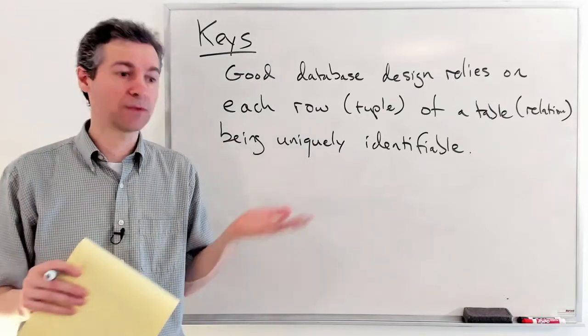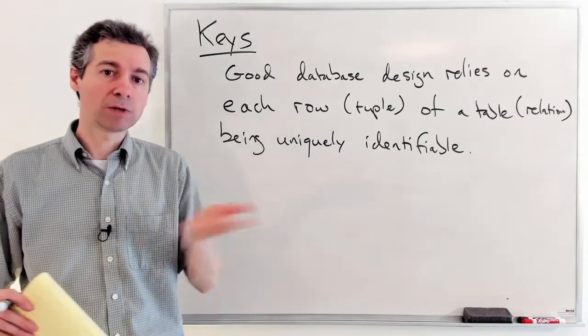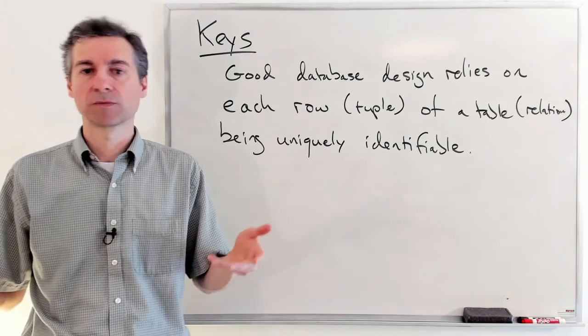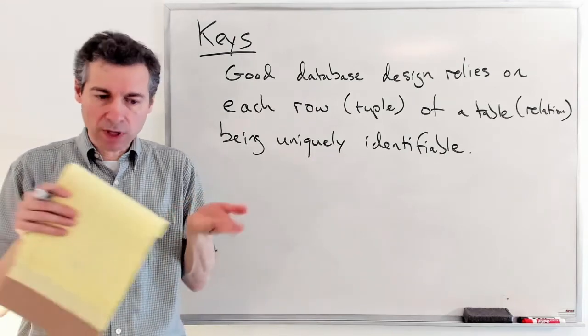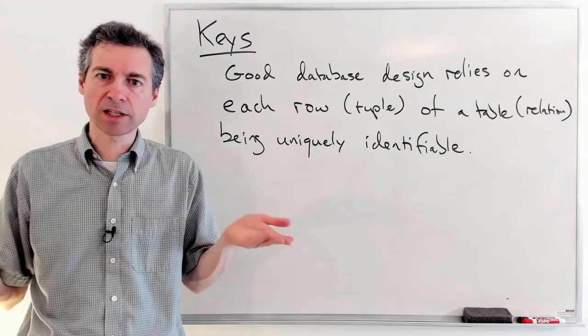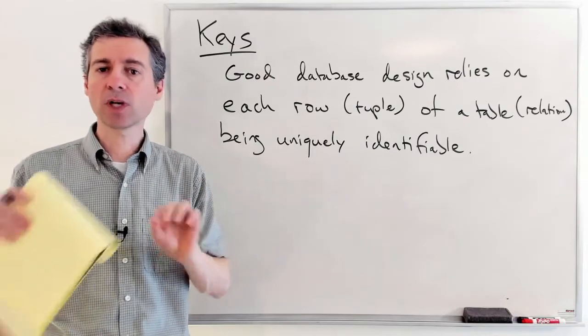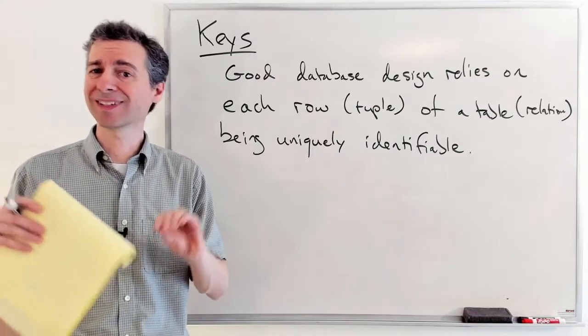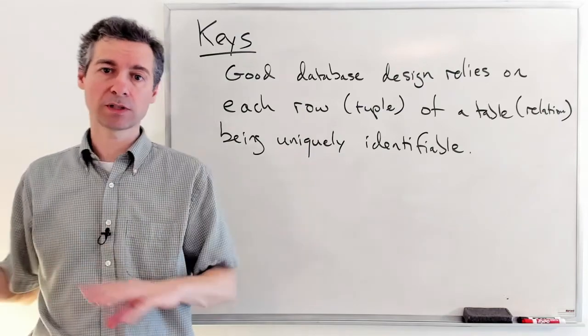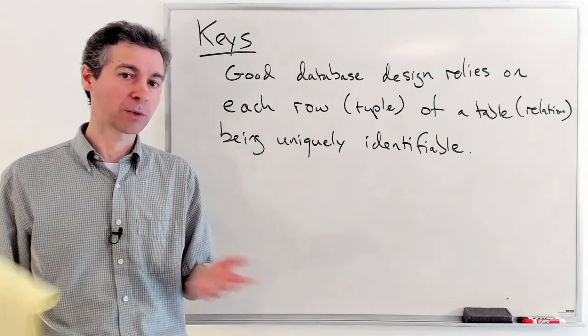So we could have, again, like that users table, a row is a user. All right, and we have to have some way of uniquely identifying that user so that we can refer to that user not only in that table, but in all other tables as well.